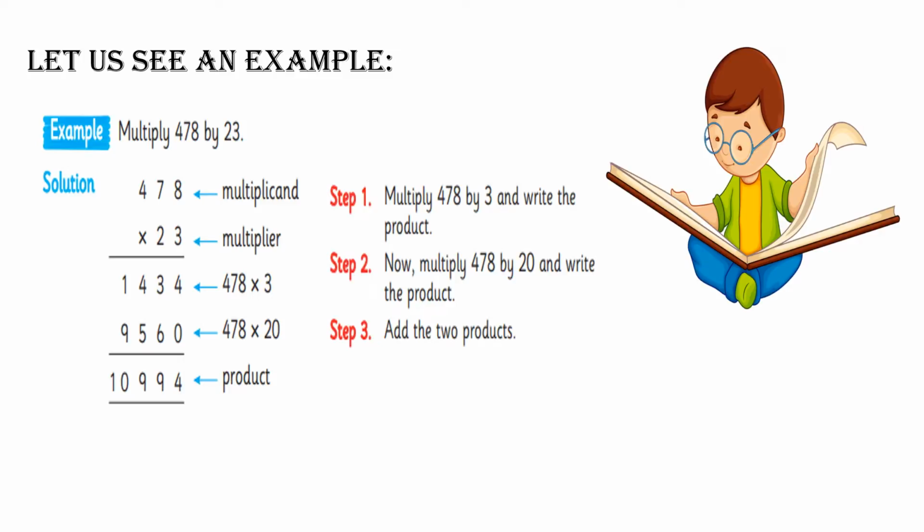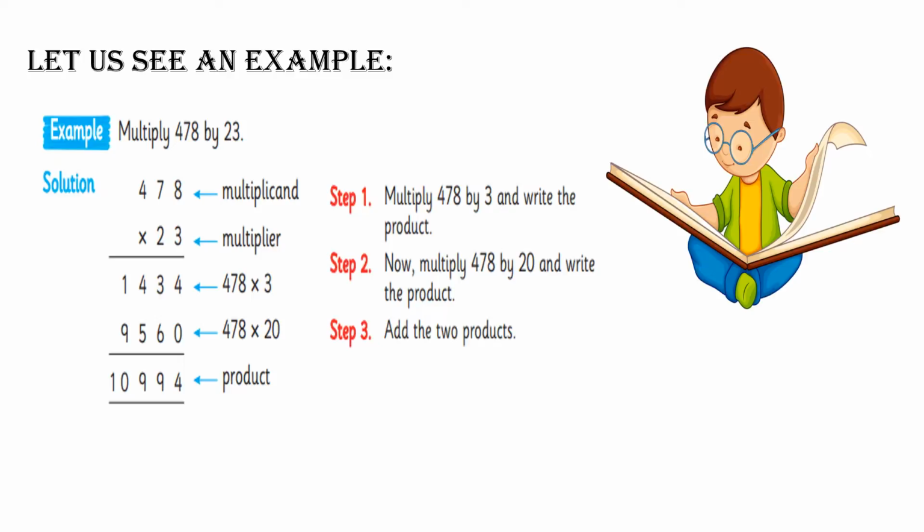Whenever I'm multiplying a 3-digit number by a 2-digit number, how are we supposed to proceed? We will focus first on the multiplier. What do I have in ones place? I have 3. So I will first multiply the multiplicand by 3. So 478 by 3, and then I will write the product.